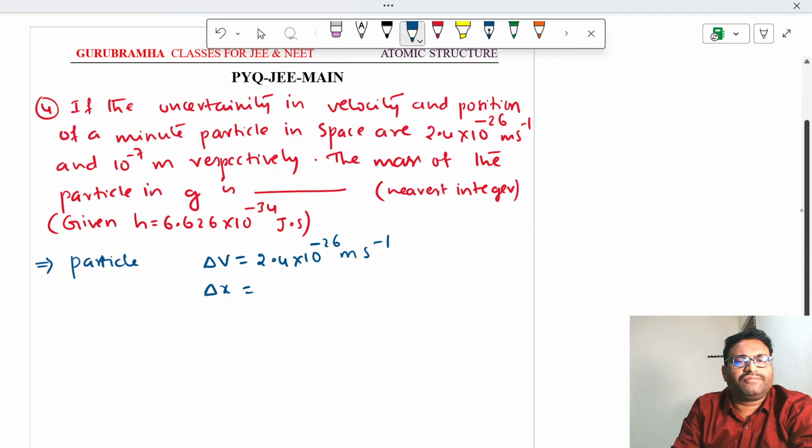The position of a minute particle is given as 10 power minus 7 meters.